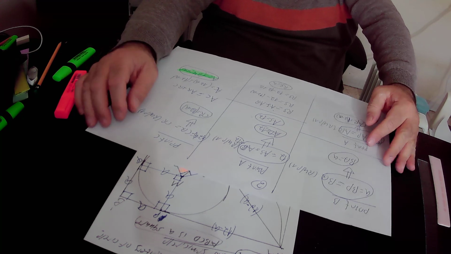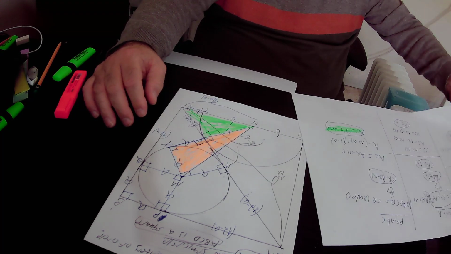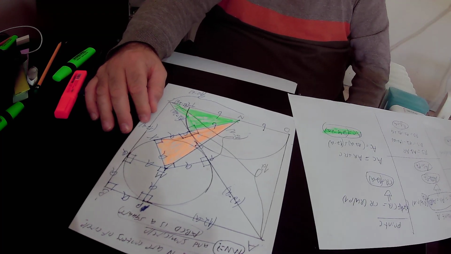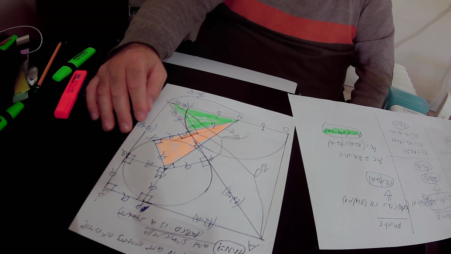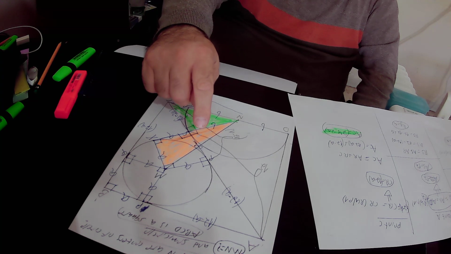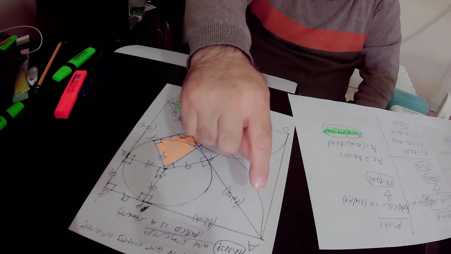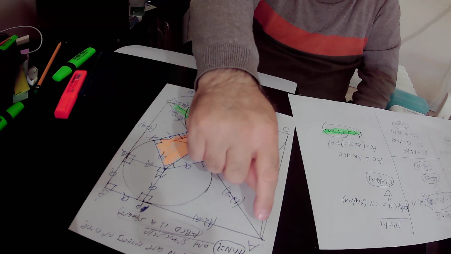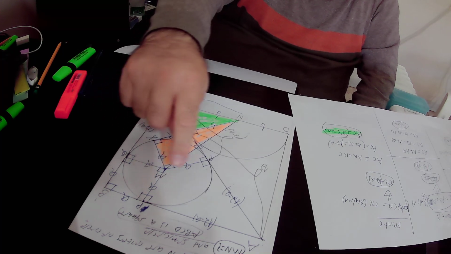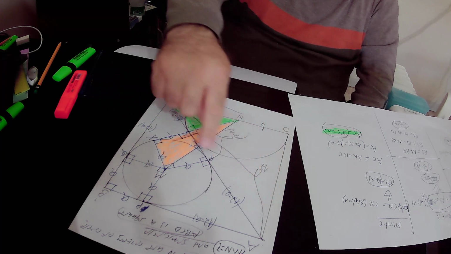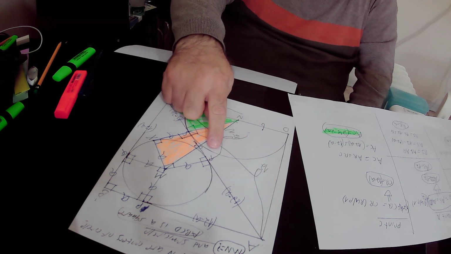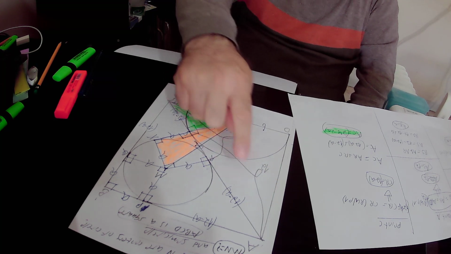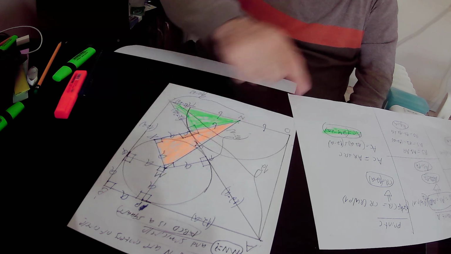Likewise, we focus on point A. Point A is a common external point. And from point A, we have two tangents to this circle. The first tangent is tangent AP. The second tangent is tangent AR.